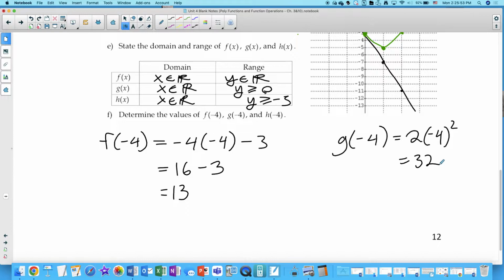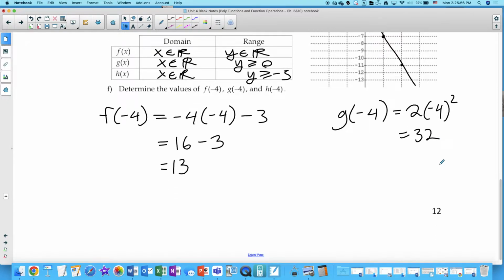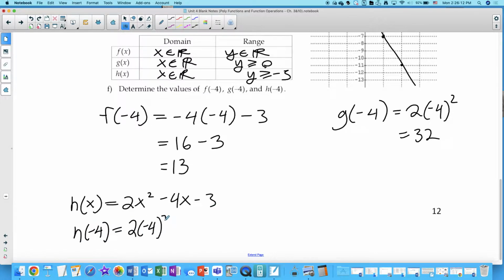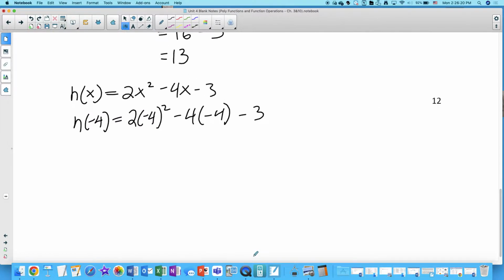Now, however you evaluate h of -4, you should get the same answer. You can either think of it in terms of the actual equation, h of x equals 2x squared minus 4x minus 3. So if I plug -4 in there, I get 2 times 16 is 32, and then plus 16 minus 3, which is 45.